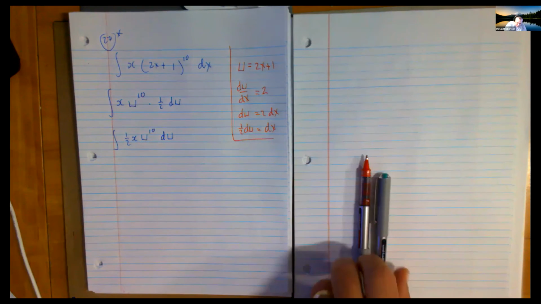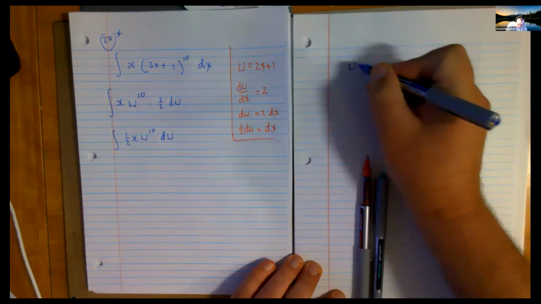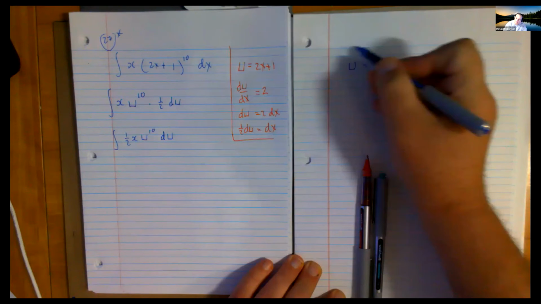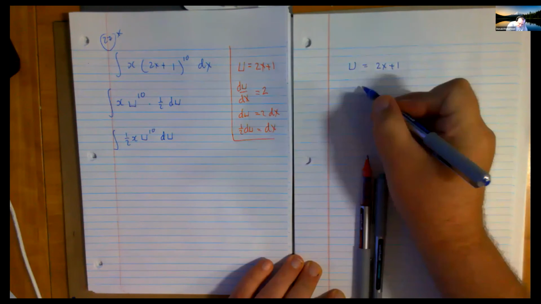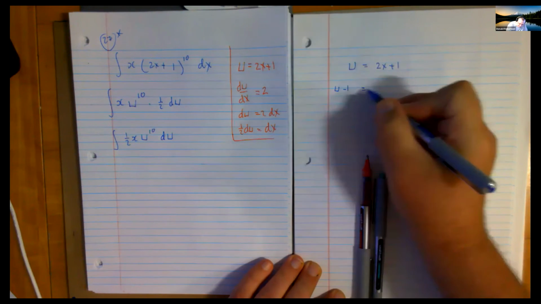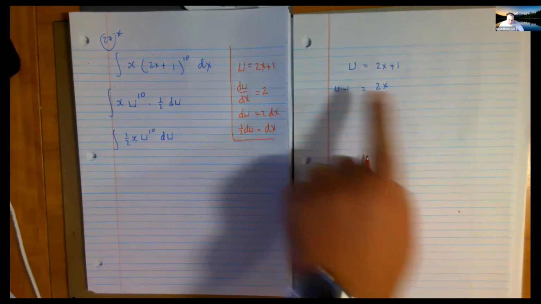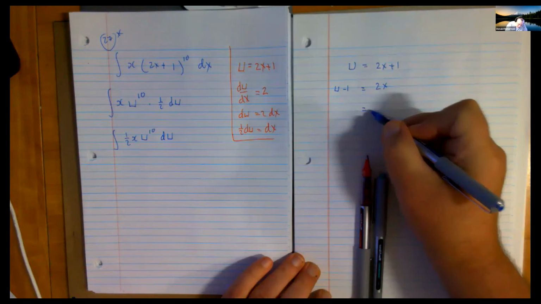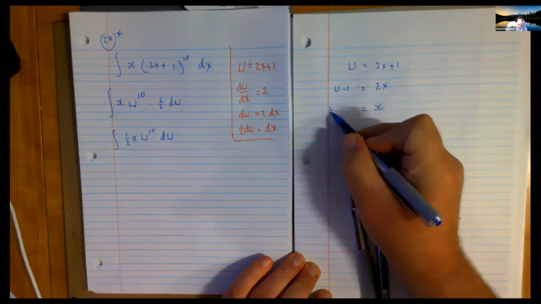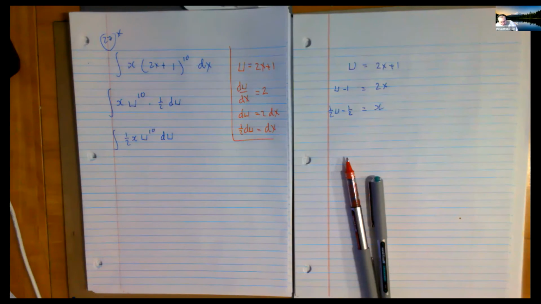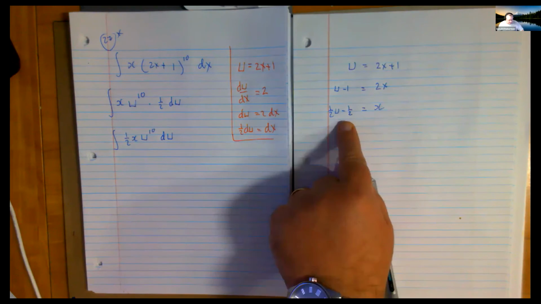Now, the way I fixed it last time was we used this u sub, so let's use it again. If you subtract 1 from both sides, then won't 2x be equal to this? If you divide both sides by 2, which is the same as finding a half of something, won't 1x be this guy?